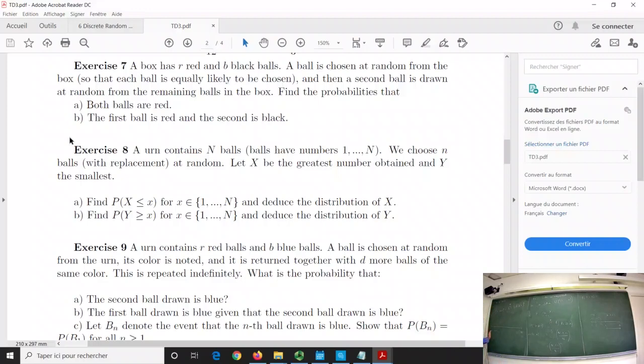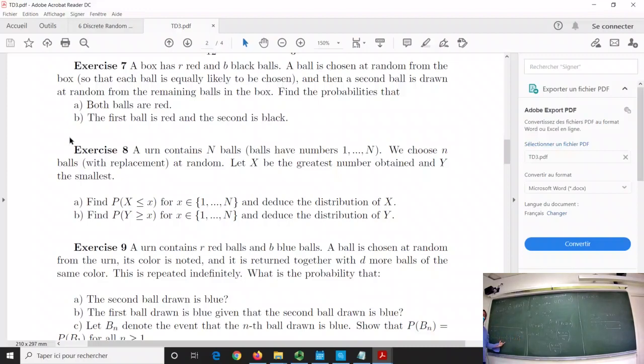I can say that it is the probability to be greater than x minus the probability to be greater than x plus 1. If I say this, I just use the fact that y greater than x plus 1 union y equal to x is equal to y greater than x.